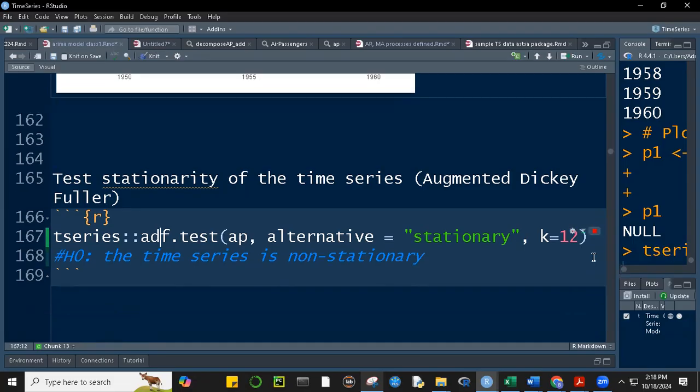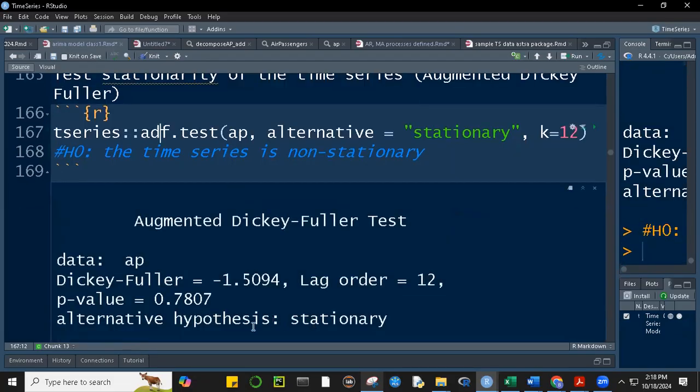If we run this, it tells us that the p-value is 0.78. What is the null hypothesis? The time series is not stationary. What's our conclusion? Since the p-value is 0.78, we fail to reject the null hypothesis that the time series is non-stationary. It is really not stationary based on the statistical test. So this confirms our visualization: visually it is not stationary, and the statistical test says it is not stationary.